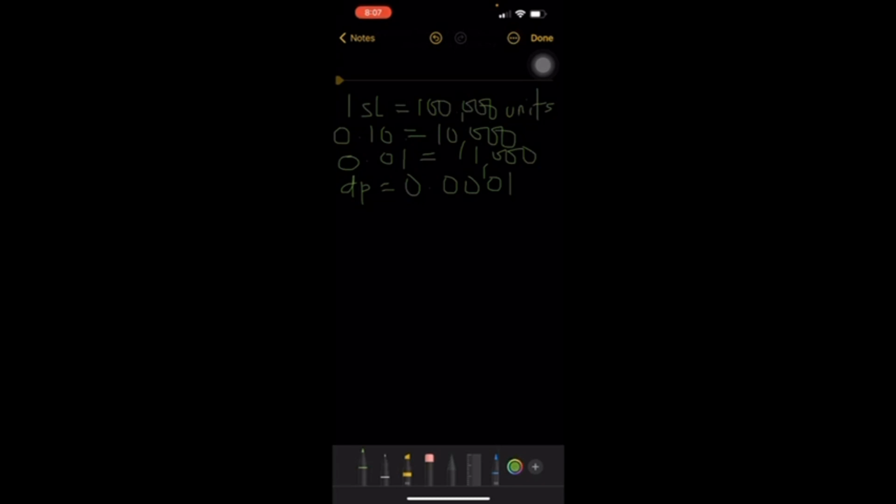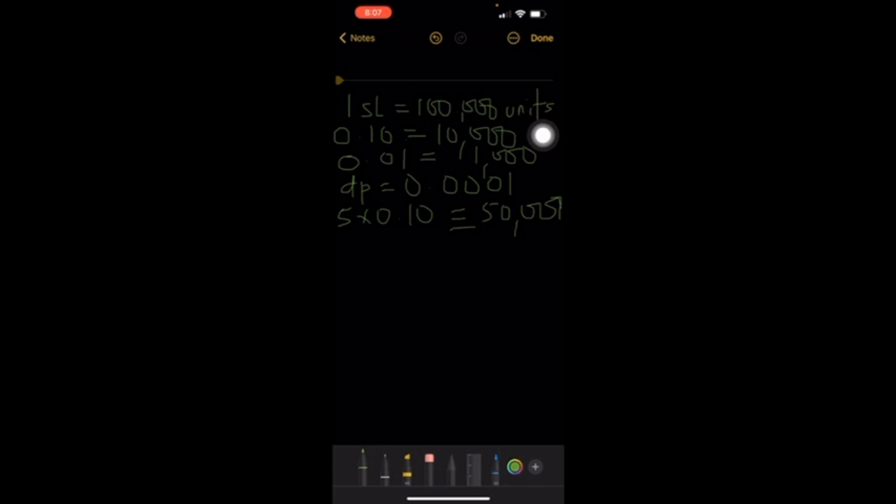So 5 mini lots is 5 times 0.10, which is equivalent to 50,000 units to the right hand side, just like we had over here.